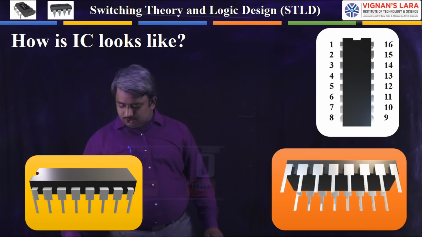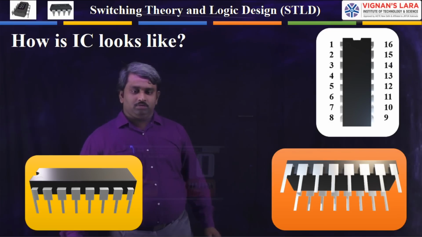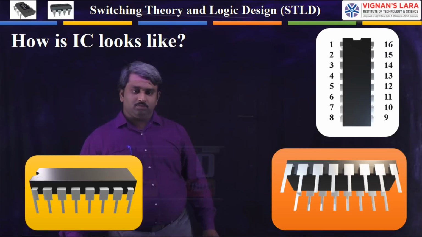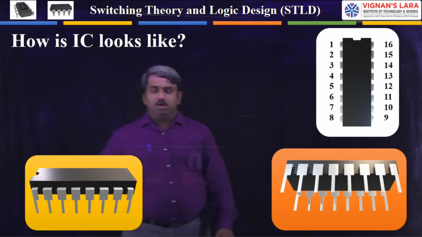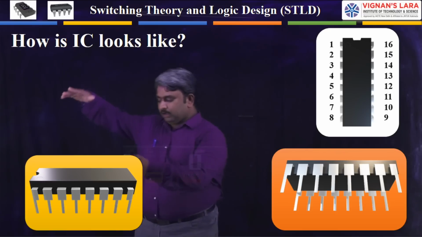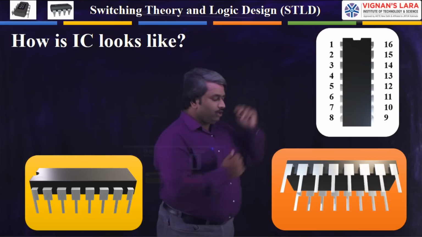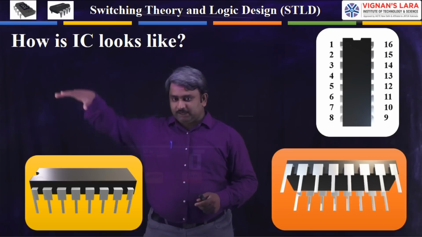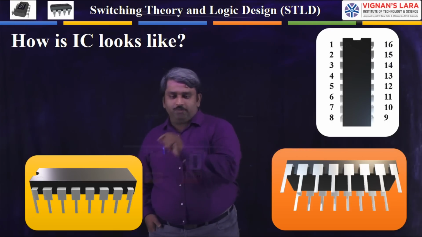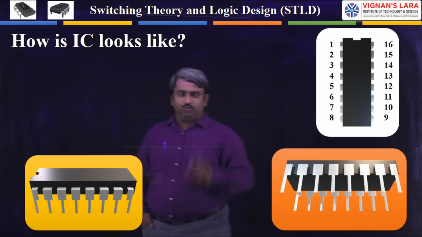From this side we have the IC from the top corner view, and from this side the bottom corner view. See the pin description here and here also. One is the top view and the other is the bottom view; these are two different IC picture orientations.